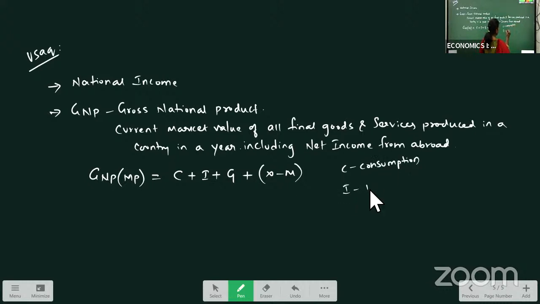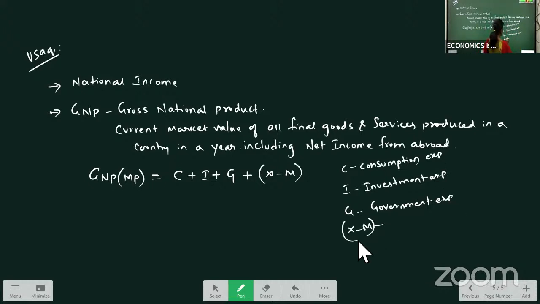I is the investment expenditure of the firms. And G is the government expenditure. X minus M is exports minus imports. We will get the net income from abroad. So this way we calculate the GNP at market price.